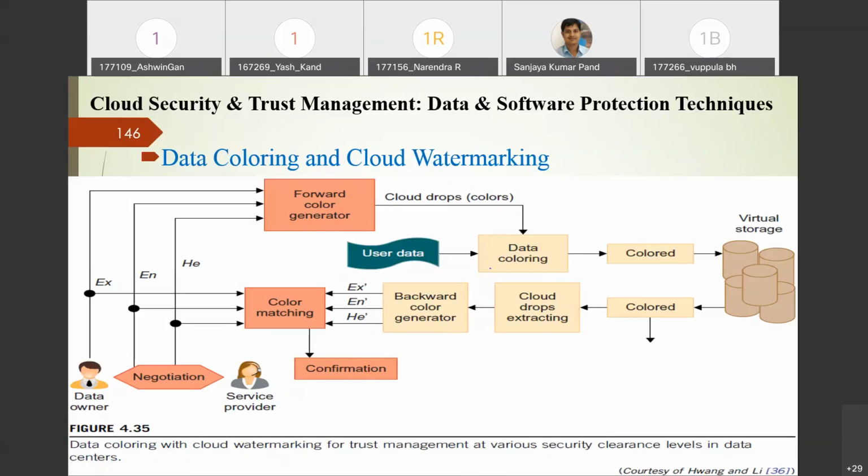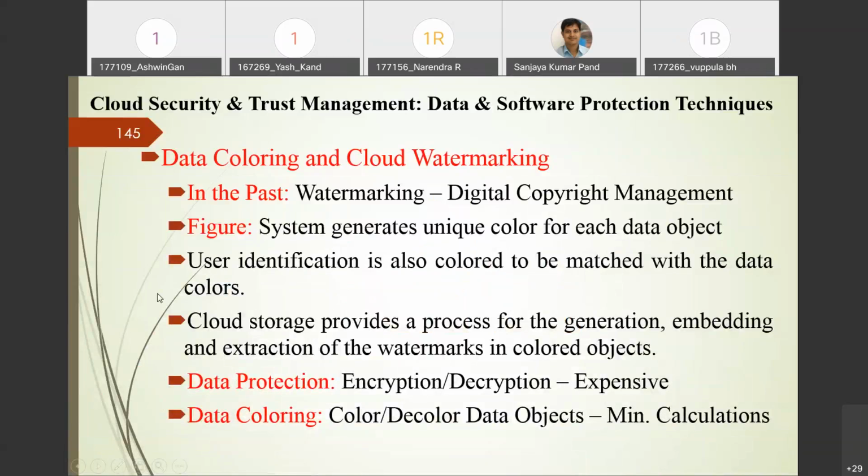Otherwise, you are not treated as a genuine user to access your data. That's why this figure indicates the system generates a unique color for each data. Before storing the data, you have to assign each and every object in the form of a color. So user identification is also colored to be matched with the data color. You have to claim that you want to access the data.